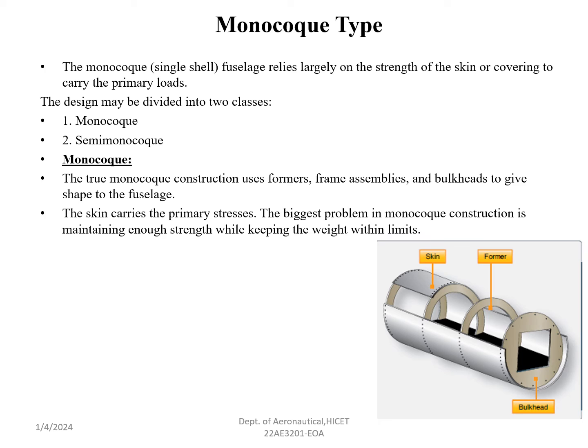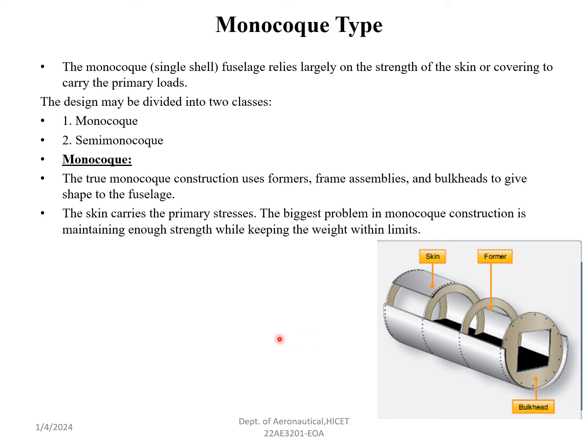Next one is the monocoque type, which is classified into two types, monocoque and semi-monocoque. Usually, monocoque construction largely relies on the strength of the skin cover. For support, we have structural members, formers and bulkheads.